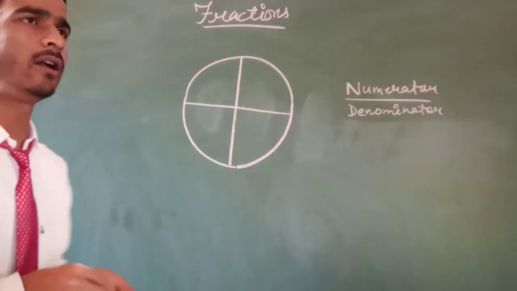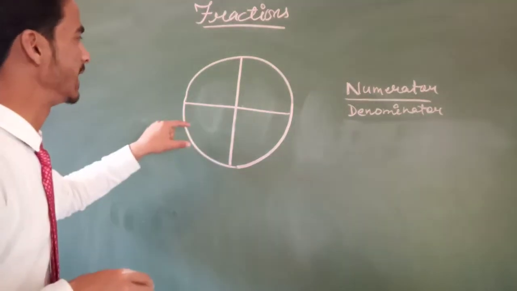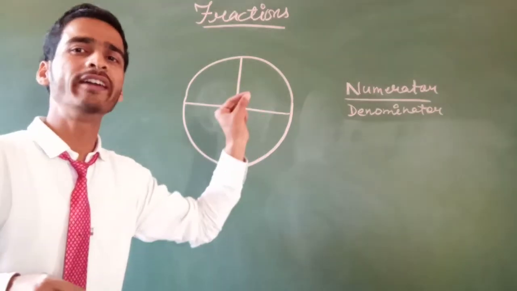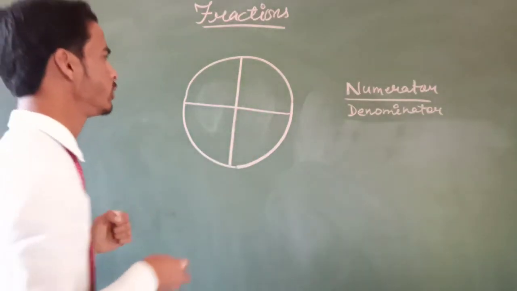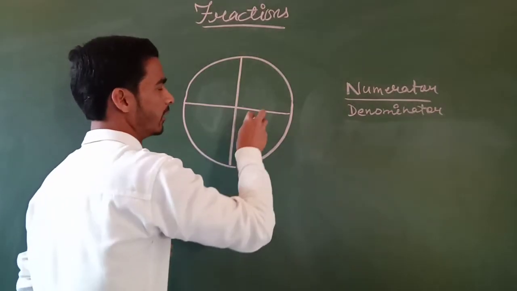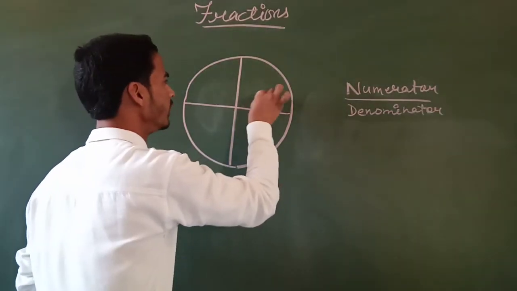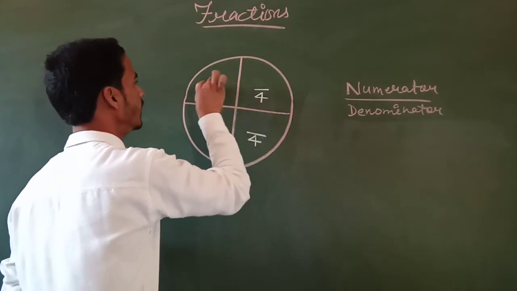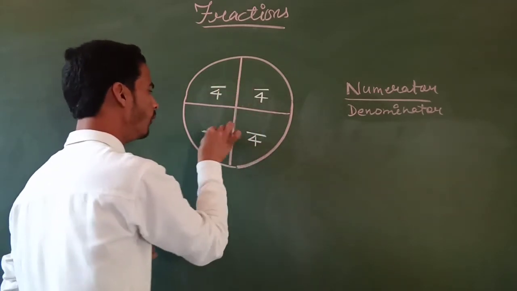Firstly we have to decide what the denominator is. The denominator shows how many total parts there are, so the denominator of each part will be 4.